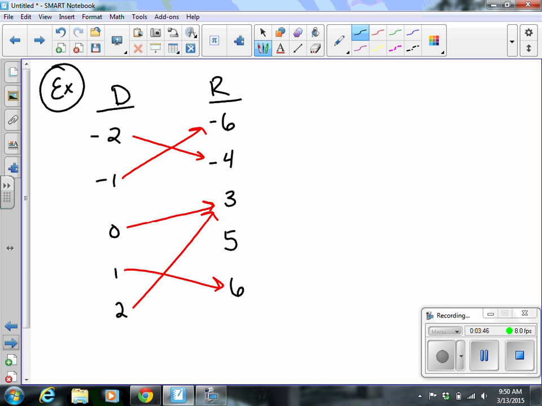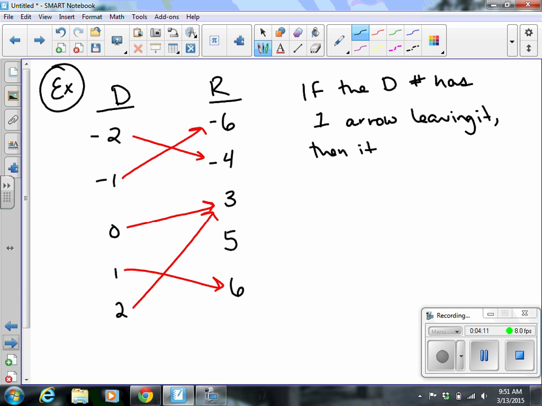So if I'm trying to figure out if this is a function, I look at the domain values and figure out how many arrows are going away from it. If the domain number has one arrow leaving it, then it is a function.